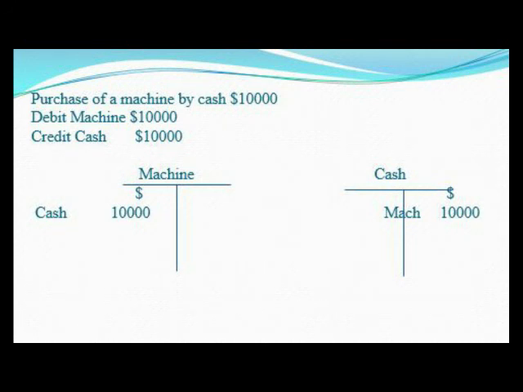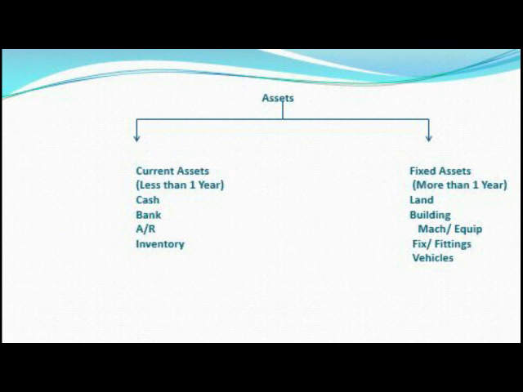Then we discussed that assets are the resources which are used in any business to do its operations, and on the basis of their lifespan, assets are divided into 2 main categories: current assets and long-term or fixed assets.